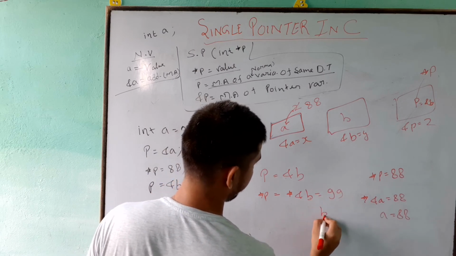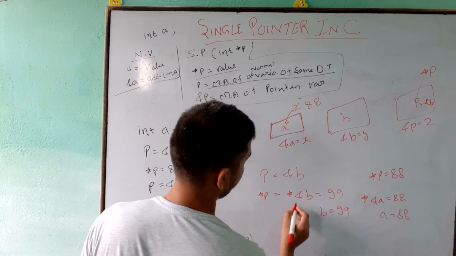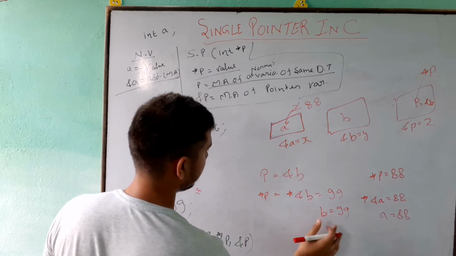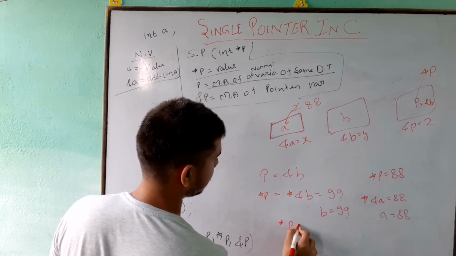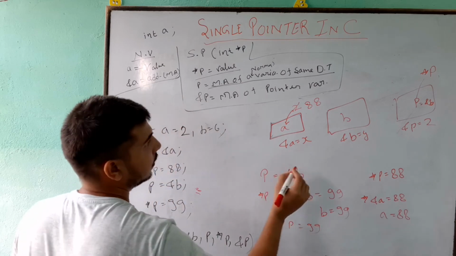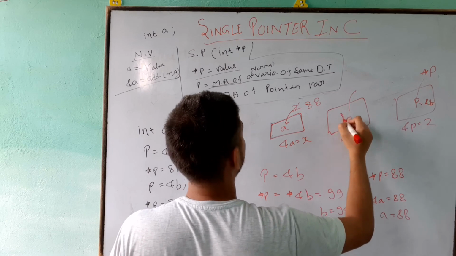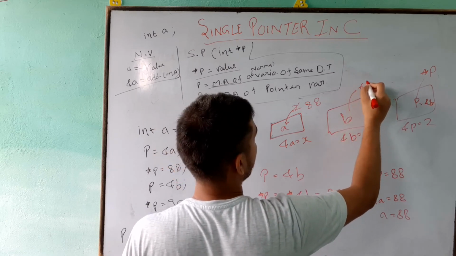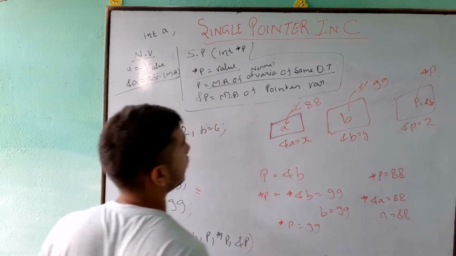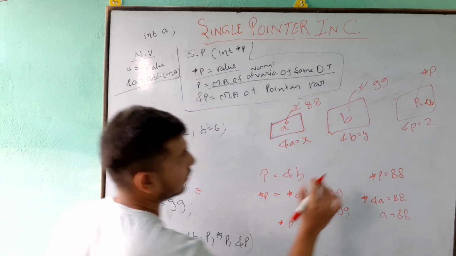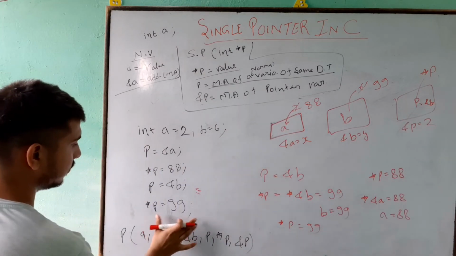What does that mean? b will become 99, or you can cancel it out, but I suppose this is better to understand. b becomes 99, or *p becomes 99. This was previously 6 and now it will become 99.